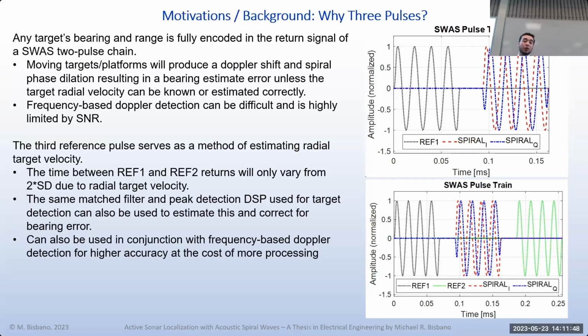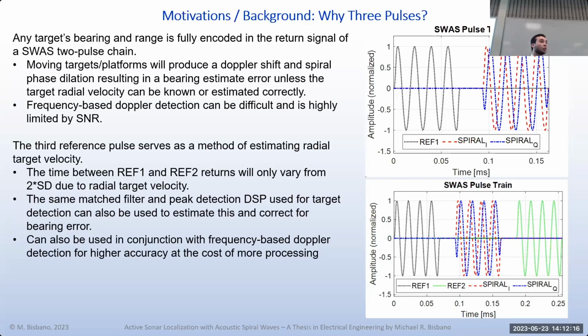So by having the third pulse there, shown now in the bottom plot with the black first pulse and the green second omni pulse, using the conjunction of those two, you can match filter detect the first omni pulse, match filter detect the second omni pulse, and determine the time difference between when the second pulse should have arrived and when it did arrive due to Doppler shift and moving targets.